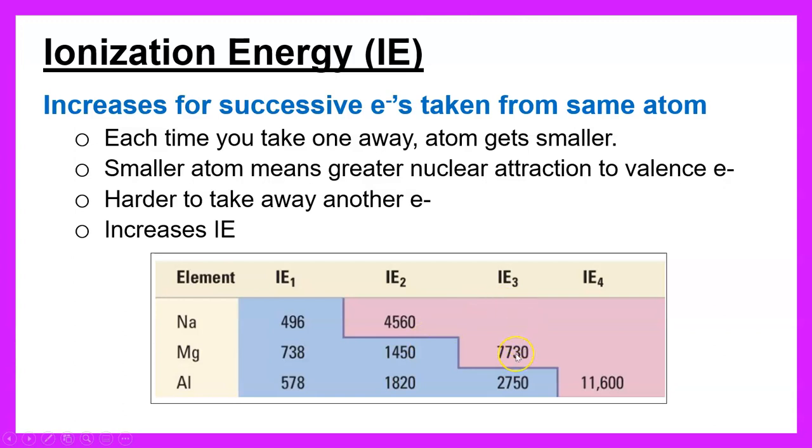And then there's a huge jump because Mg2+ has dropped down to that lower energy level. So now it's a much, much, much smaller ion. You don't want to try to take that third one because it's going to be really, really tough. You can see, look at that huge jump. Aluminum, that jump comes after the third ionization. The fourth one's going to be really tough.